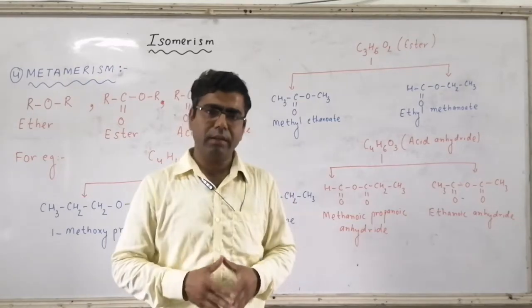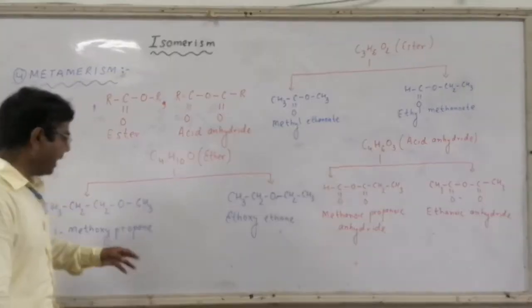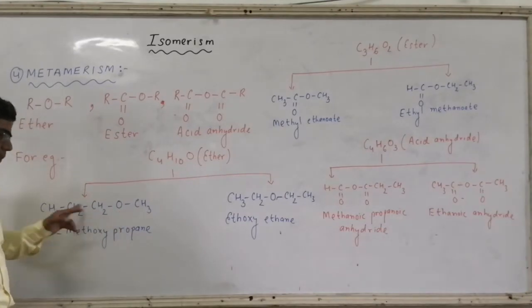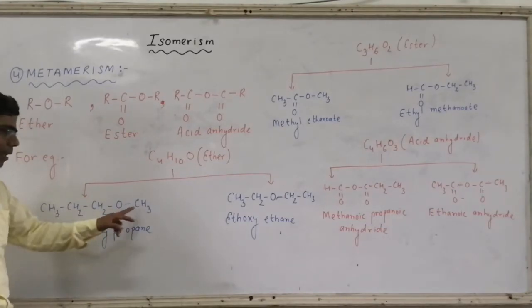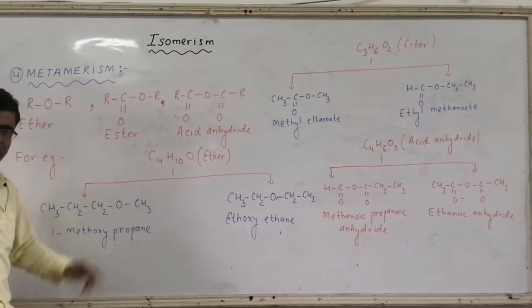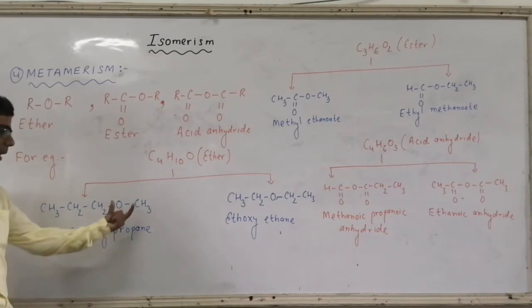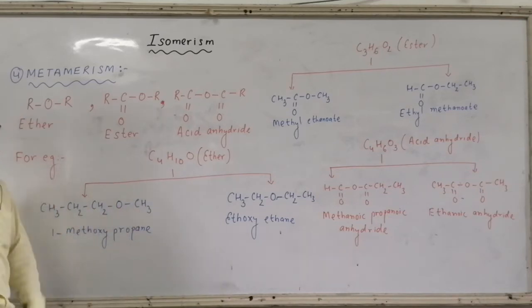And in this manner, you will get metamer. So here, I have written 3 carbon atoms on this side and 1 carbon atom on right hand side. So here it is CH3, CH2, CH2O, CH3. Compound is named as 1-methoxypropane because methoxy group is there on carbon number 1.